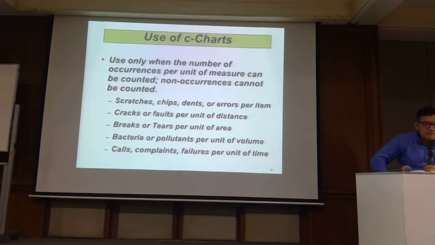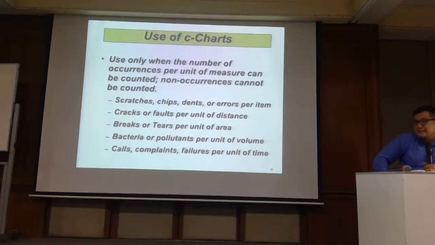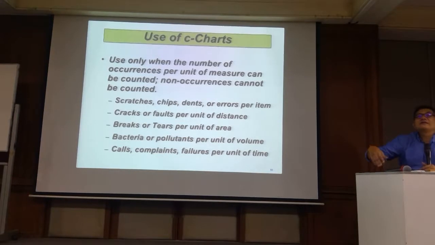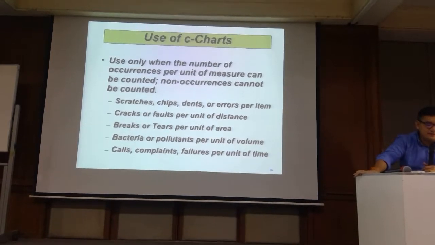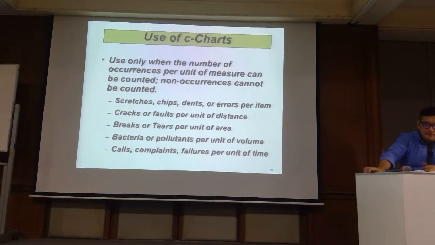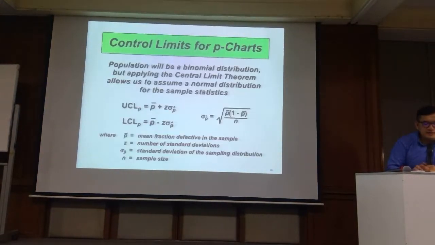You measure the number of scratches per item, or the number of cracks per 10 centimeters. You need to have the unit. What kind of unit are you going to use? Okay, and again, you can notice from its name.